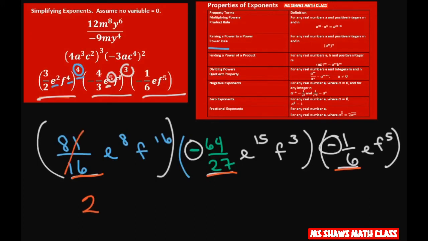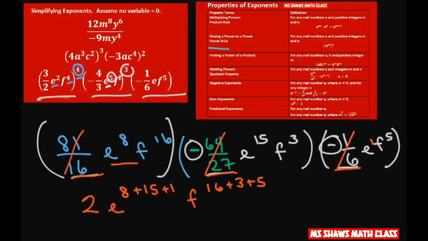So I took care of those. All right, now the e's, basically what you have is e to the 8 plus 15 plus 1, because that's to the first. And then for the f's, we have 16 plus 3 plus 5.